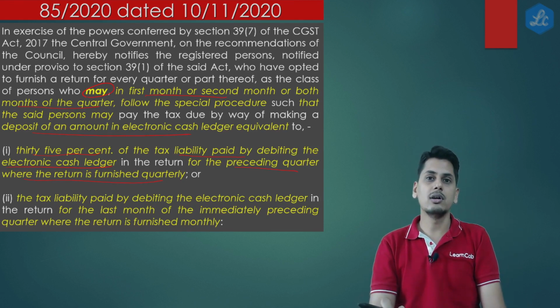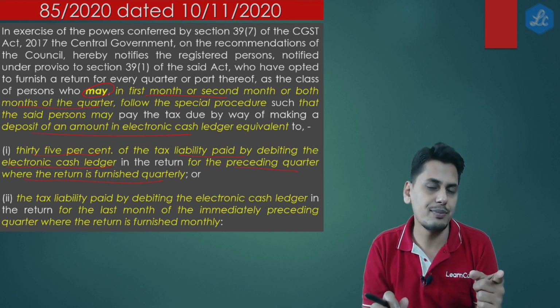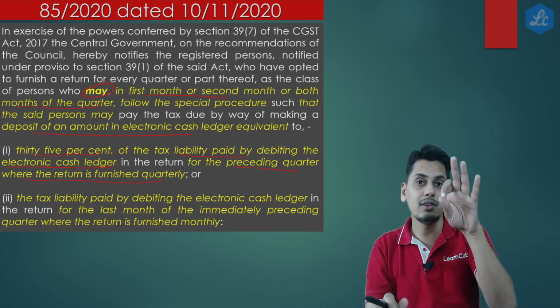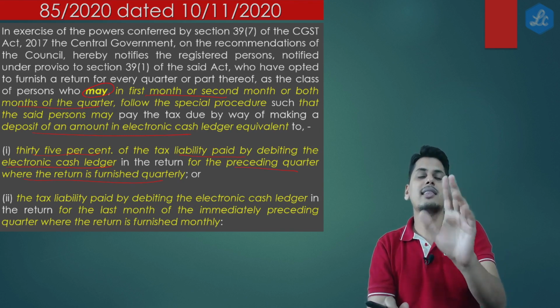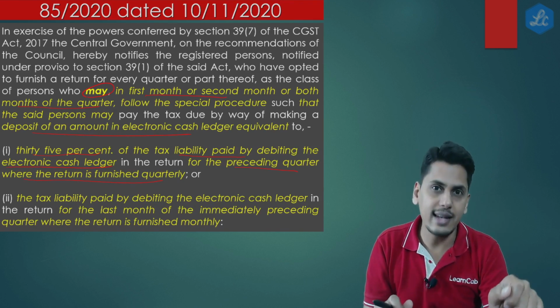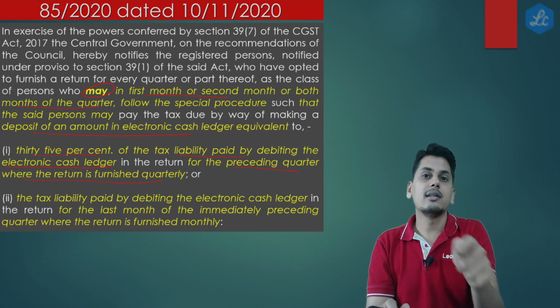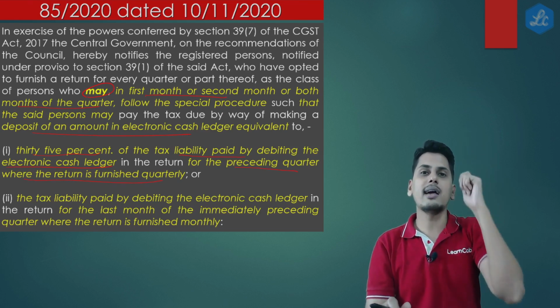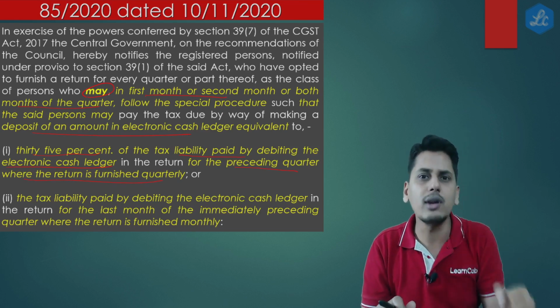The answer is no. Friends, what was the logic of 35%? When it is for 3 months, for 1 month they have taken 35%. Now friends, in the preceding tax period, which was a monthly return, the amount which you have paid by debiting the electronic cash ledger is for that one particular month.